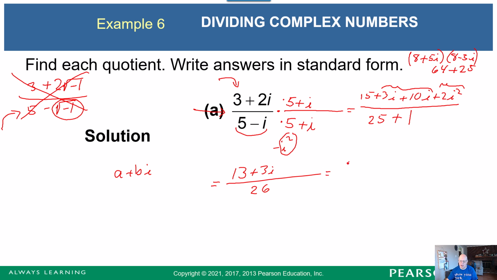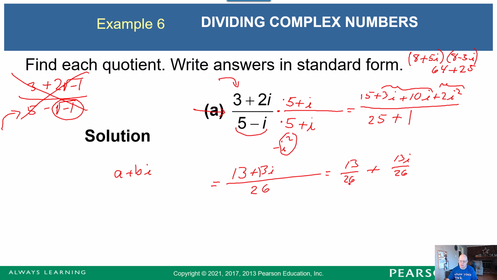So our answer will be 13 over 26 plus, oops, we have a typo here. It should be 13i. There we go. 13i over 26. So what do we get?